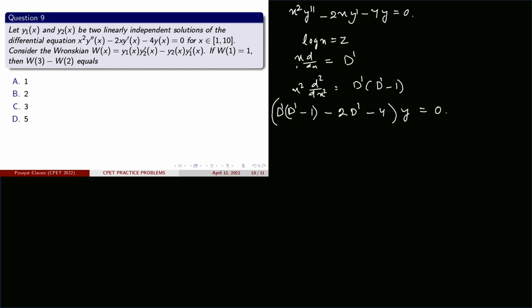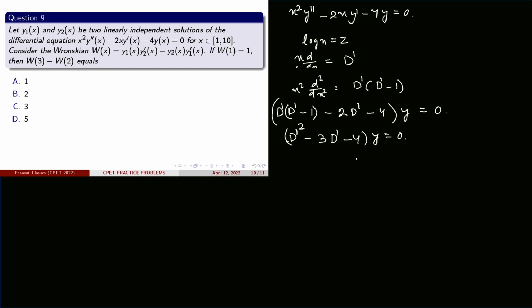So on solving this, we can write D dash square minus 3D dash minus 4 whole into y is equal to 0.